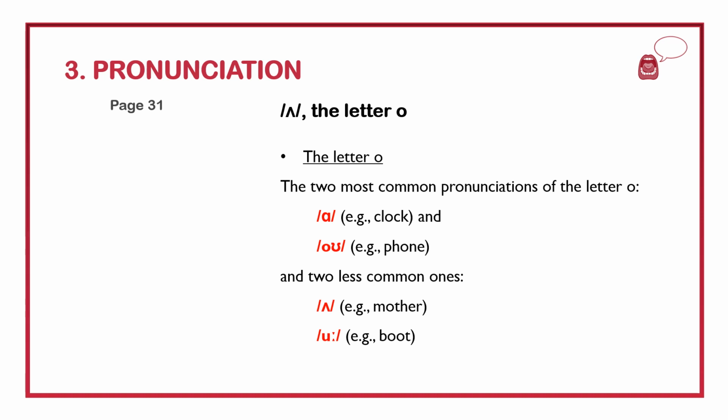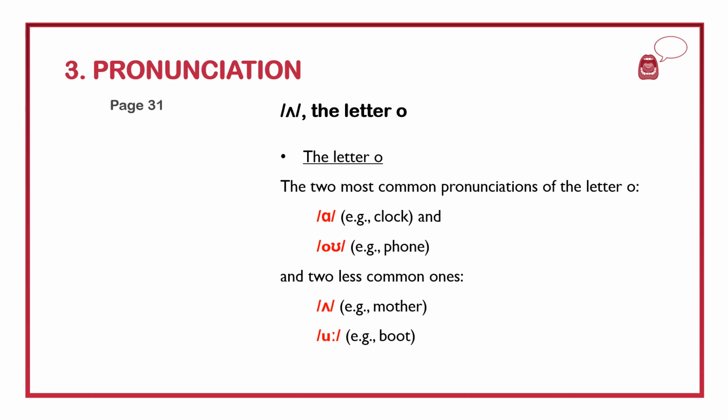Now look at part B. We have a list of words. How is the letter O pronounced in these words? You can see the list, and you need to put them in the correct column in the table of sounds. So we have the A sound like clock, we have the O sound like phone, we have the A sound like up, and the U sound like boot.